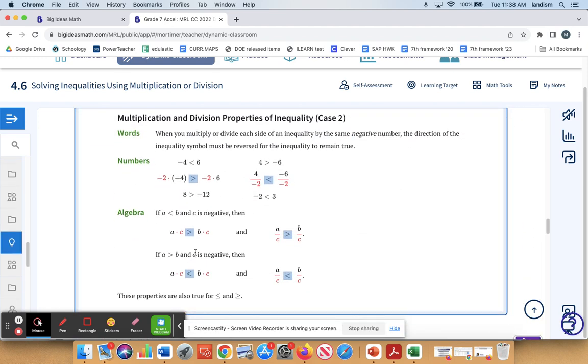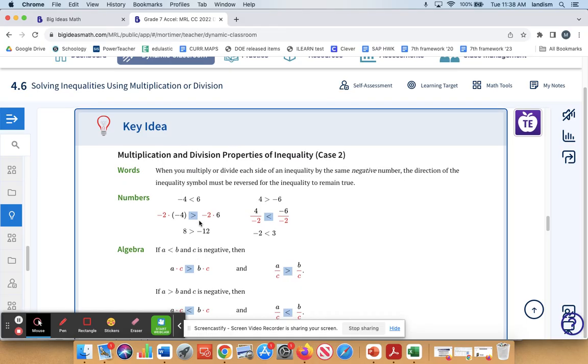Okay. Now here's where it gets tricky. This is the one thing that's kind of new, and I've explained it briefly to every class yesterday. Is -4 less than 6? Yes, it is. But if you multiply each side by a negative, yes, the digits double. 4 went to 8, 6 went to 12, but the signs switched.